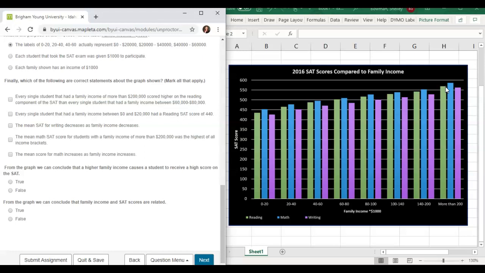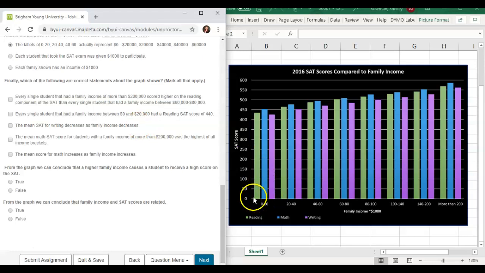Now remember, these scores are actually average, and because this is an average, we do have some students that must have scored lower, so I can't say that every single student actually did score higher, so I'm not going to select this one. The next one, every single student that had a family income between 0 and 20,000 had a reading score.